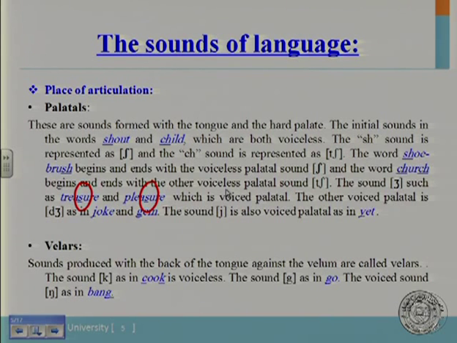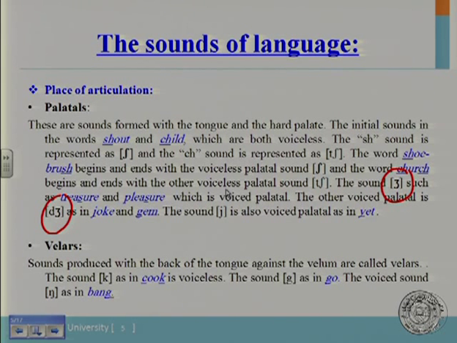The other voiced palatal is, see the difference here between these two. The first one is j. In the second one, you can feel that there is a sound of d before j, so it becomes j, as in joke, and as in gym.